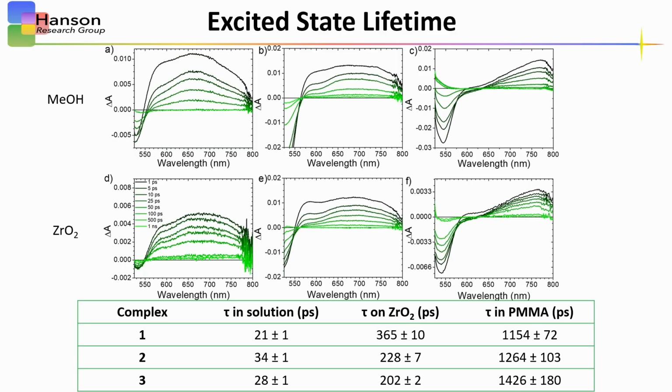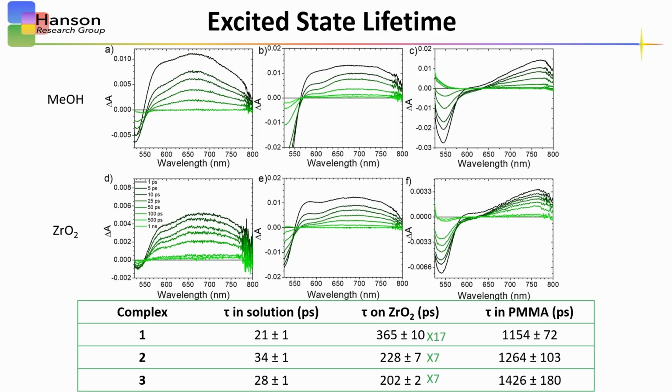So, our complex 1, in solution, had a 21 picosecond lifetime. When we loaded it on the surface, we saw a 17-fold increase in our excited state lifetime. While for complex 2 and 3, we only saw a 7-fold increase, likely due to them being able to distort more easily than complex 1, which is rigidly bound to the surface.